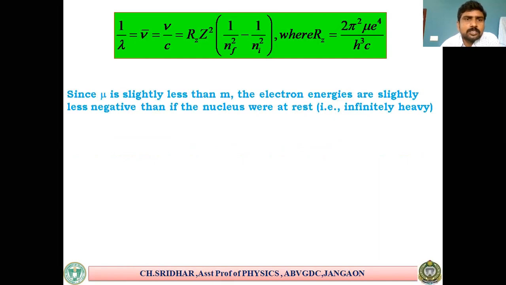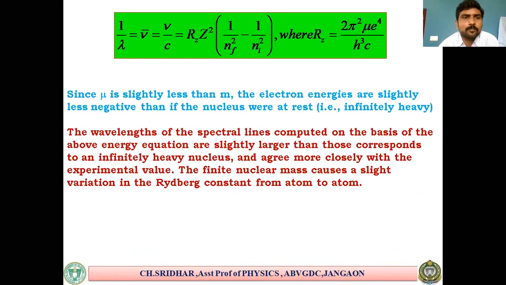So since mu is slightly less than small m, the electron energies are slightly less negative than if the nucleus were at rest, that is infinitely heavy. If we consider the nucleus is very heavy, then the energies are negative. And since mu is slightly less than small m, the electron energies are slightly less negative than if the nucleus were at rest.